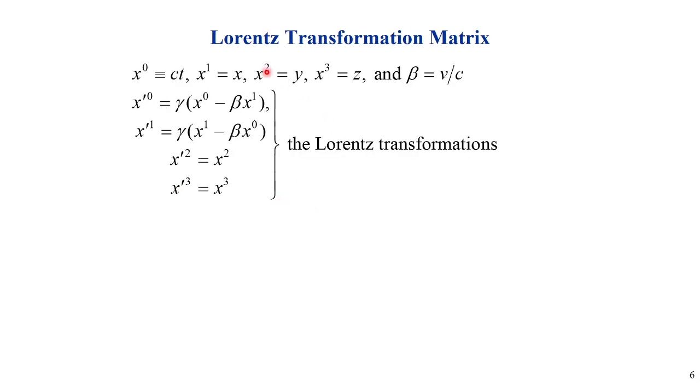Now a Lorentz transformation matrix. We have four coordinates: x0, x1, x2, x3. We know x1, 2, 3 are the space coordinates, so x0 cannot be time by itself; it must be in the same dimension.